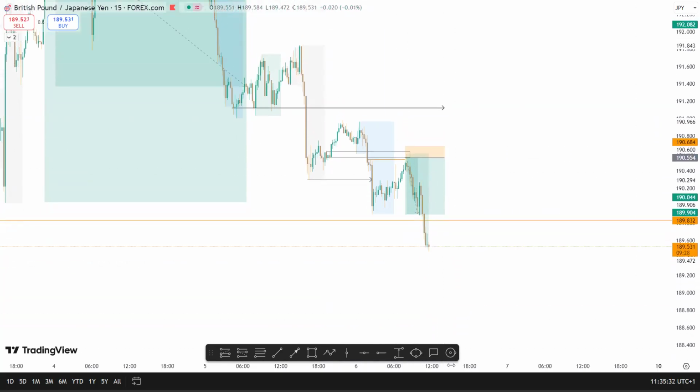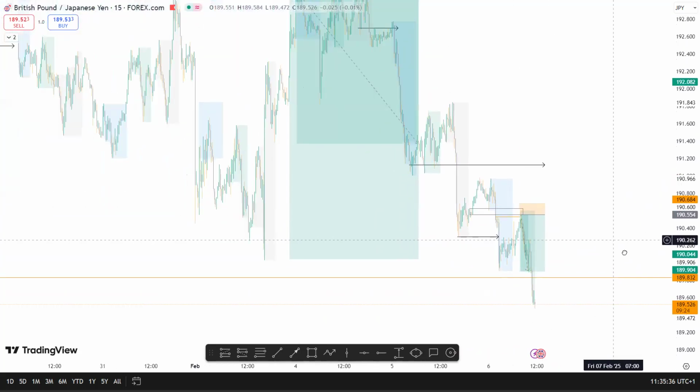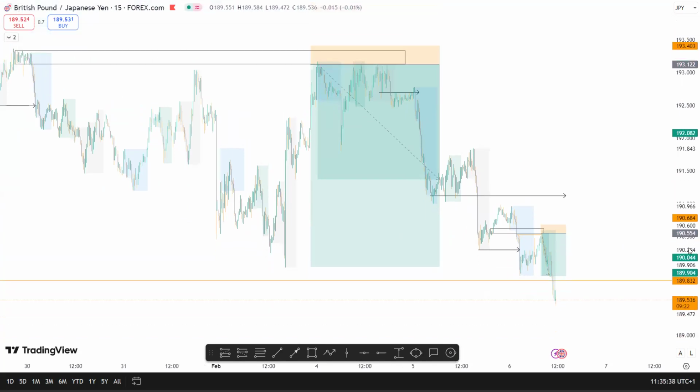So I hope you understand at least what market structure is. You can see market creating higher highs and lower highs and lower lows, and it keeps doing that. Lower highs and lower lows, lower highs and lower lows.